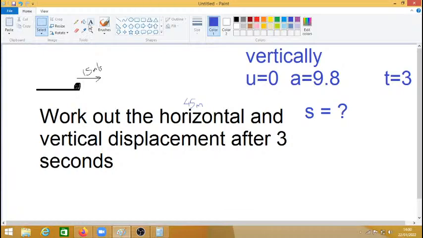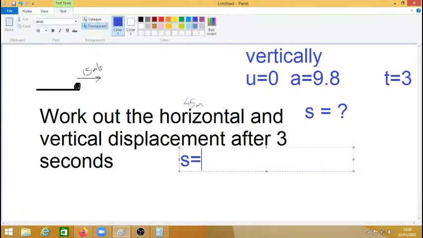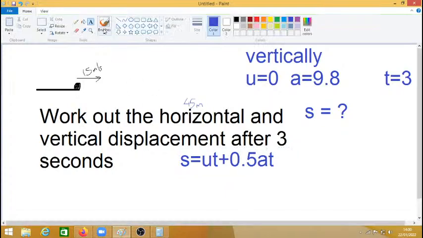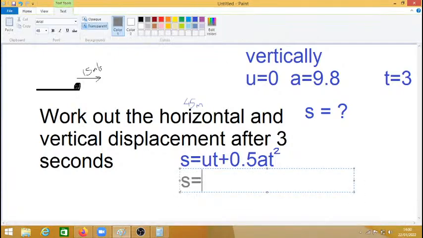So we can try the same formula that we did before. Sorry, s equals ut plus half at squared. Okay, and you should be confident now. You've seen it a couple of times. Just substitute in. So in this case, we've got u is 0 times time of 3. So because u is 0, that makes that whole thing 0, plus 0.5 times the acceleration of 9.8 times time squared.